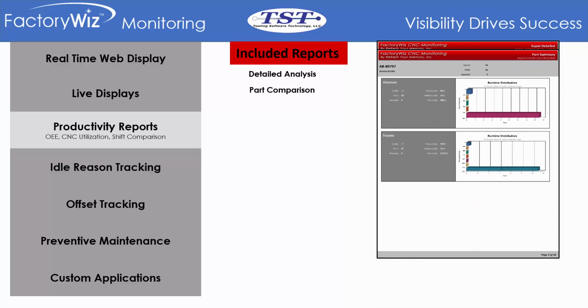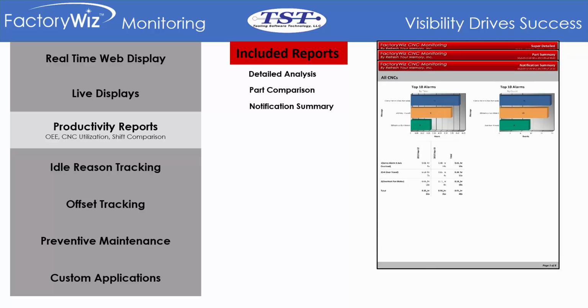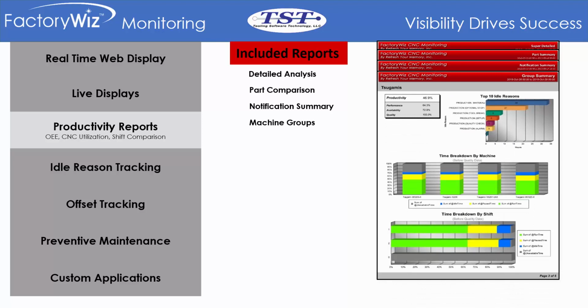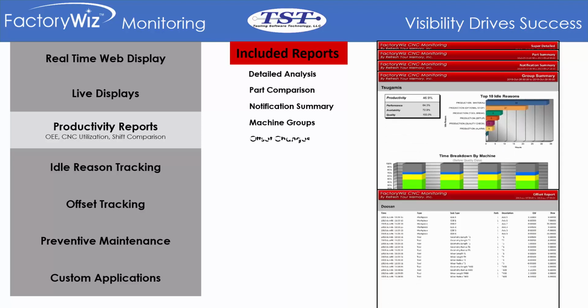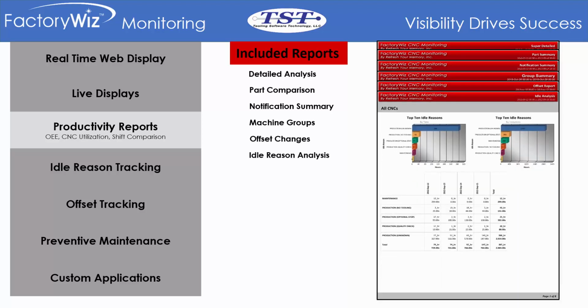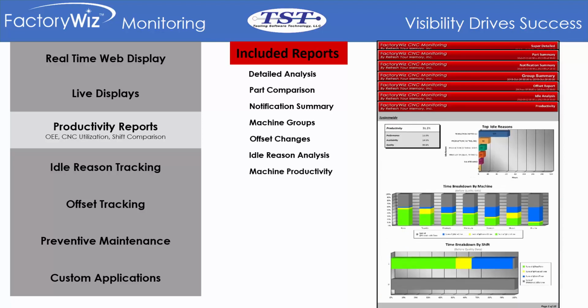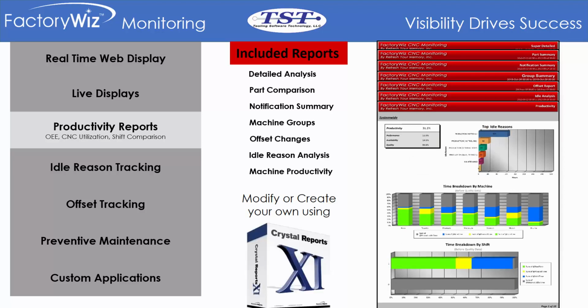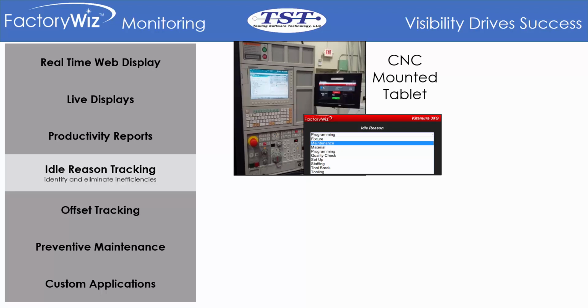There are many reports that are included by default, such as detailed analysis, part comparison, notification summary, reports based on machining groups, offset changes, allowing you to track tooling offsets such as your workpiece offset or the tool length comp, reports giving you your idle reason to analyze the different top 10 idle reasons per machine and why they're down, machine productivity as far as the OEE percentages based on particular dates, or you can even modify or create your own using Crystal reports.